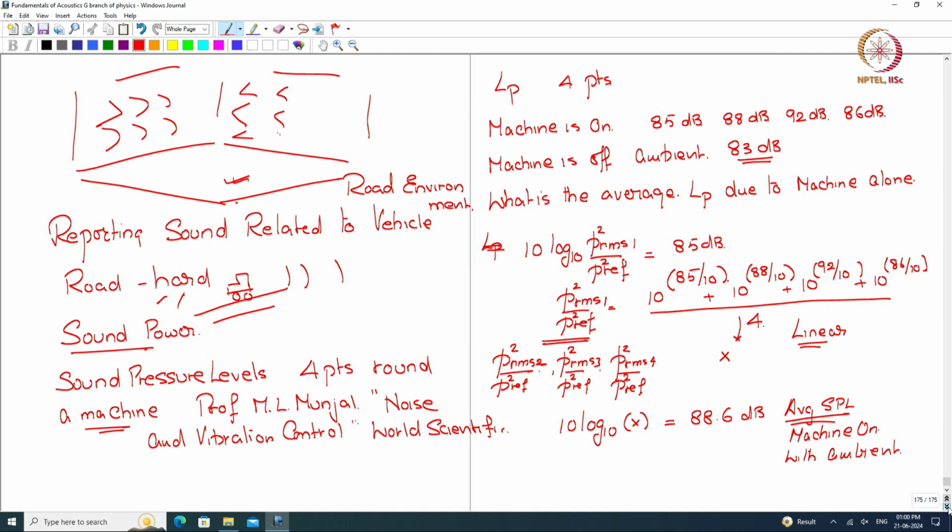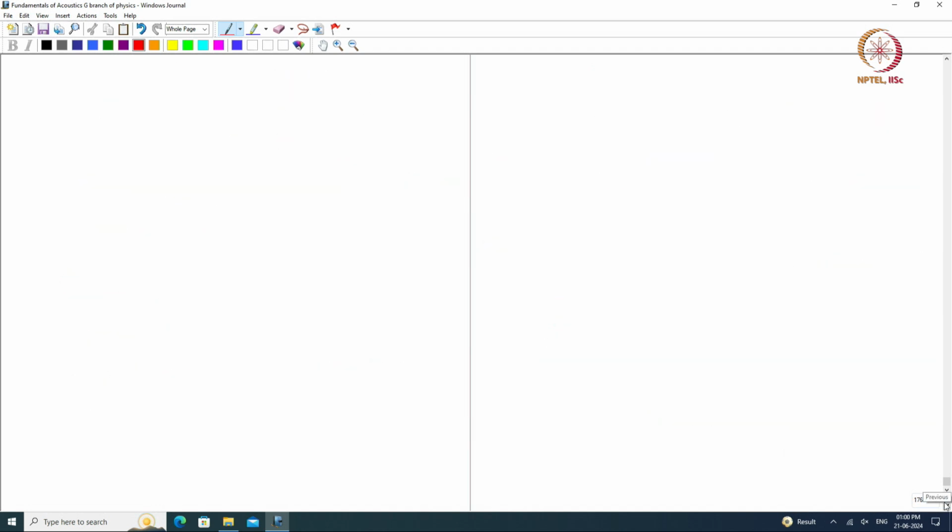Now the machine alone. You take the raw value, 10 to the power 88.6 by 10, and subtract 10 to the power 83 over 10.